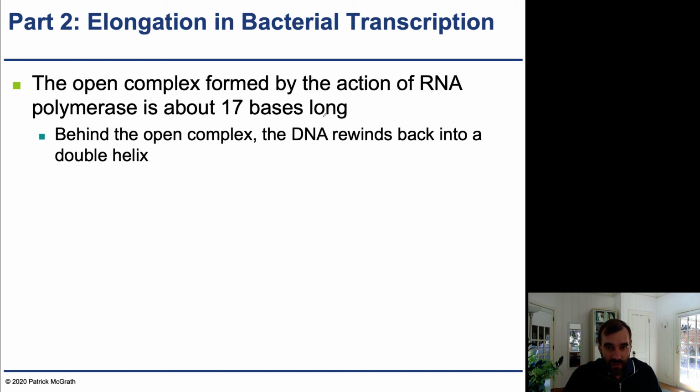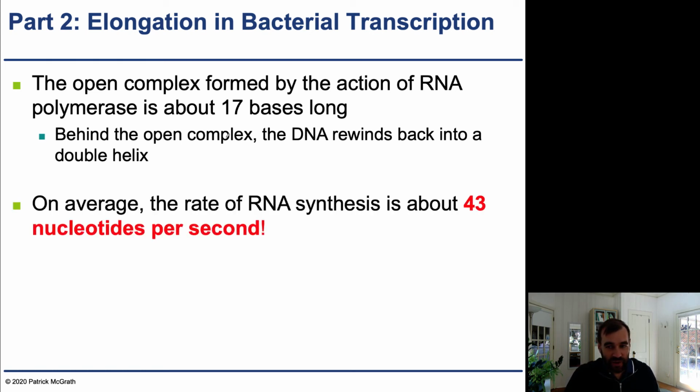The open complex formed by the action of RNA polymerase is about 17 bases long. So that means there's about 17 bases of denatured DNA, where the double strands have been separated, and then behind the open complex, as the RNA polymerase moves along, the DNA just rewinds itself back into a double helix.